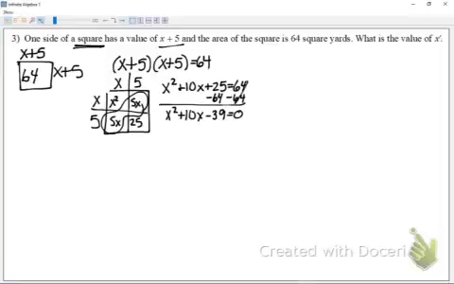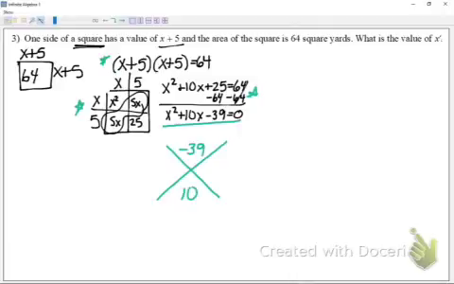Okay guys, so hopefully you have at least gotten this far, that you have set up our equation, you have done your biology box, made it equal 0, and you should end up with x squared plus 10x minus 39. We're going to go ahead and factor this, multiply the outside, negative 39, drop down the inside, positive 10.